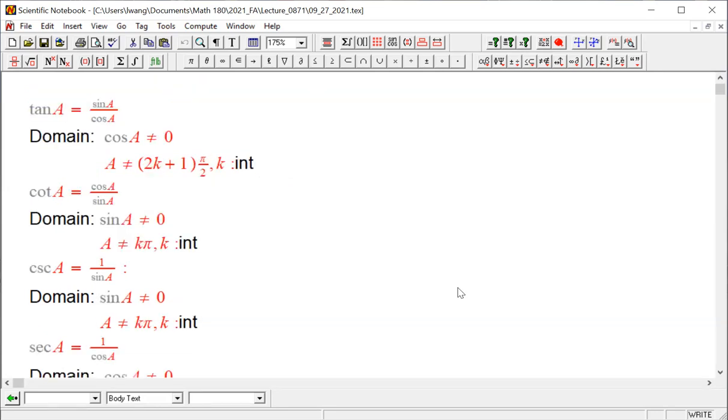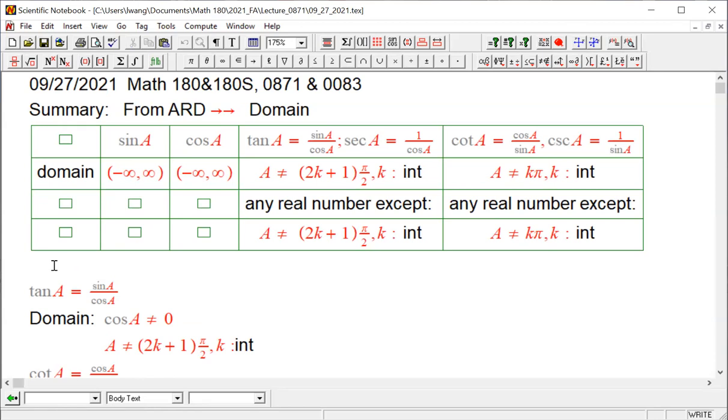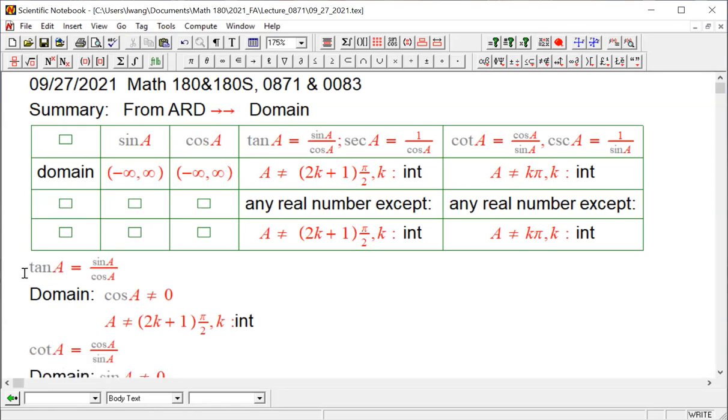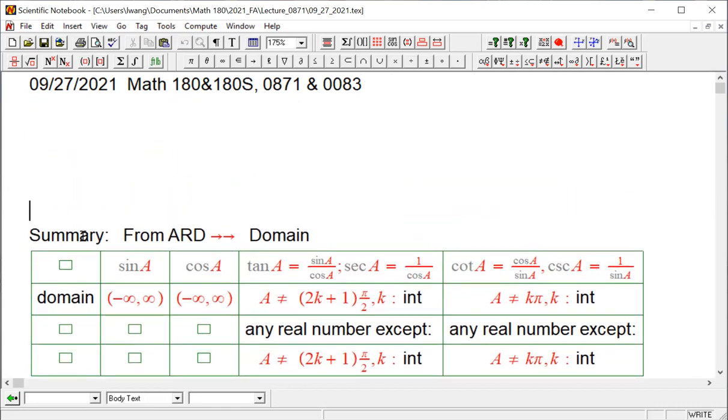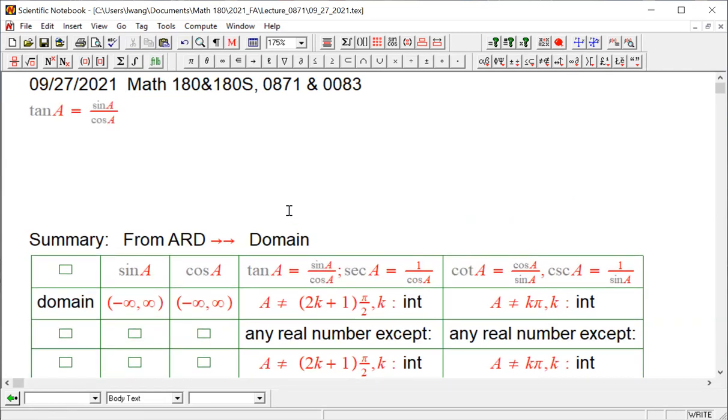Okay, so what does the definition tell us about the range and pictures of tangent? We still have some time, so let's go for it. Let's study tangent. For tangent, we have unfinished business.